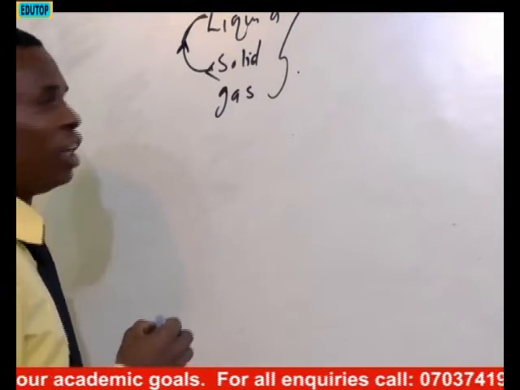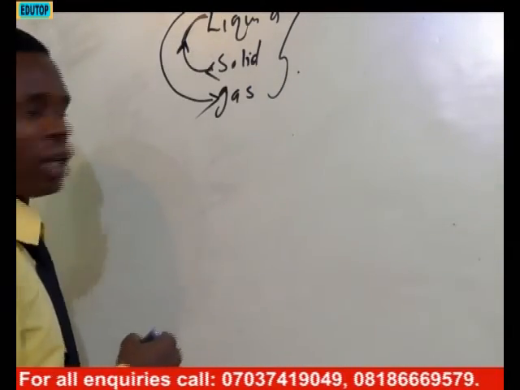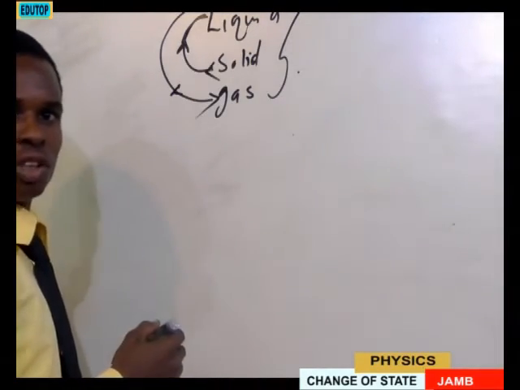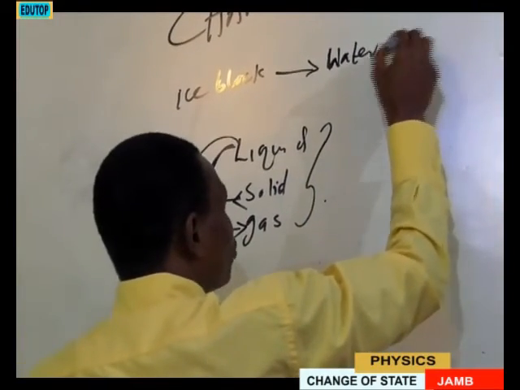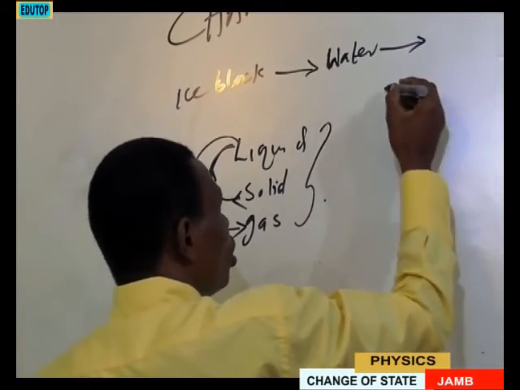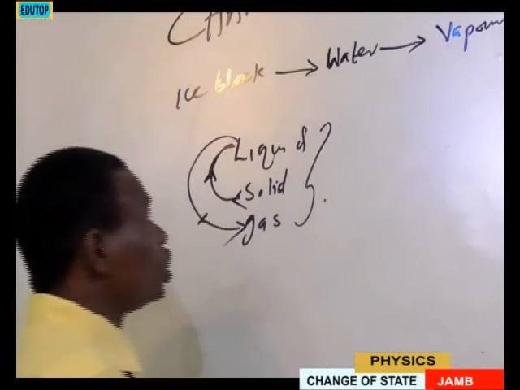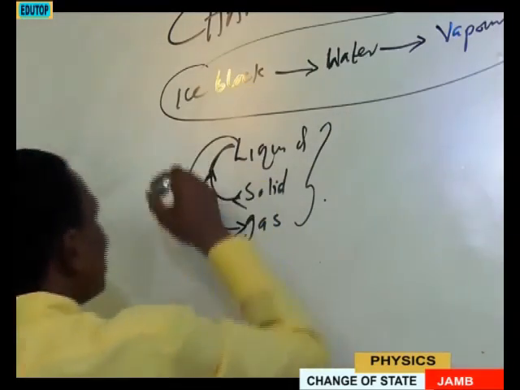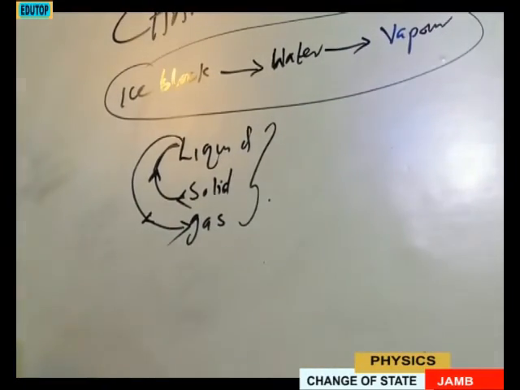It is possible for a liquid to change to gas, and gas can also change back to liquid. That is the change of state. An example is an ice block. If you try to boil water at a particular temperature, before you know it, it will change to vapor. That is the change of state we are talking about. And all these changes take place at a particular temperature.